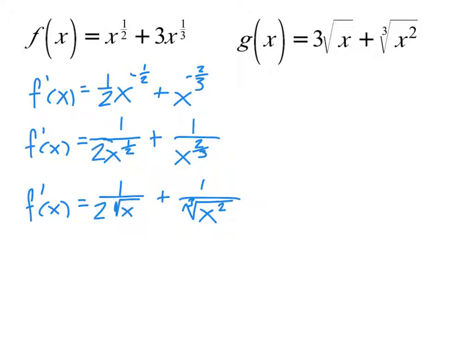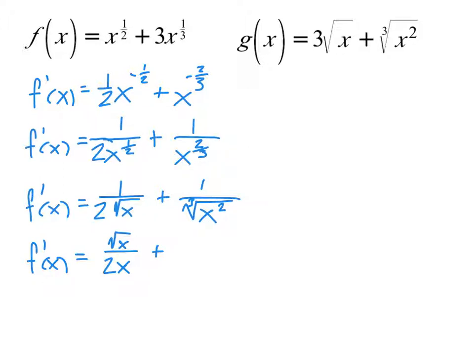And this is where things get really hard for many of us, because I can rationalize both denominators. And so, in order to rationalize both of those denominators, I would multiply top and bottom of the first fraction by root x, which would give me root x over 2x. Plus, now this is the tricky one. For the second one, I'm not going to multiply top and bottom by the cube root of x squared.